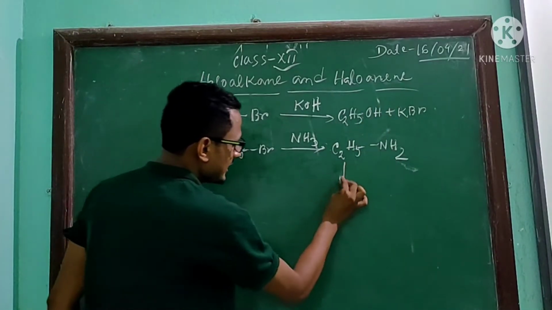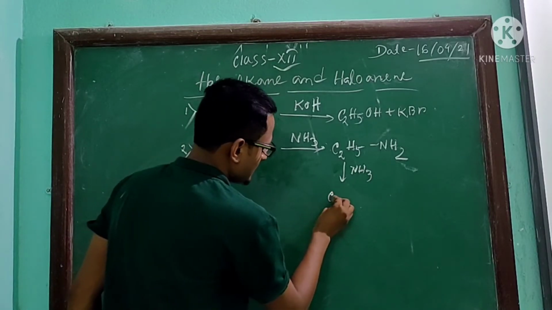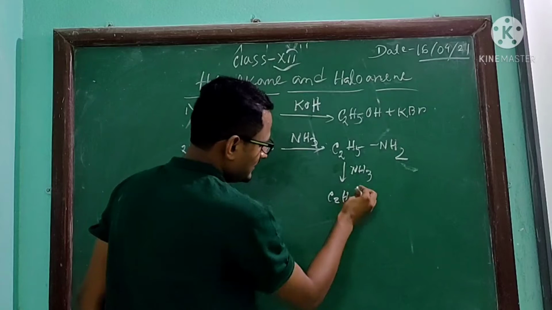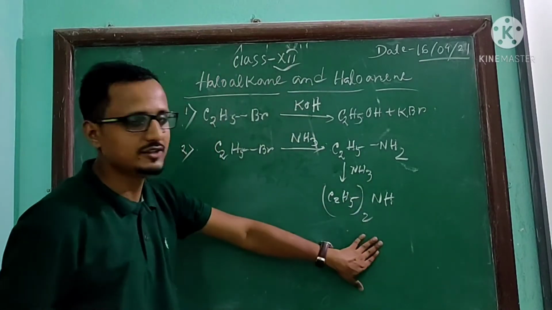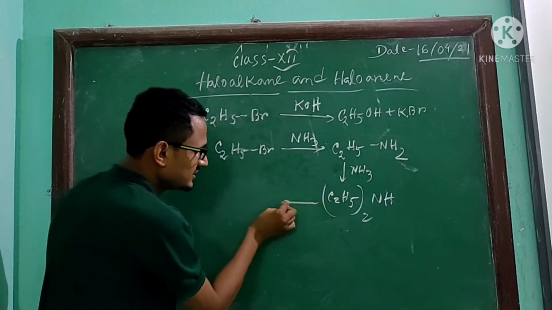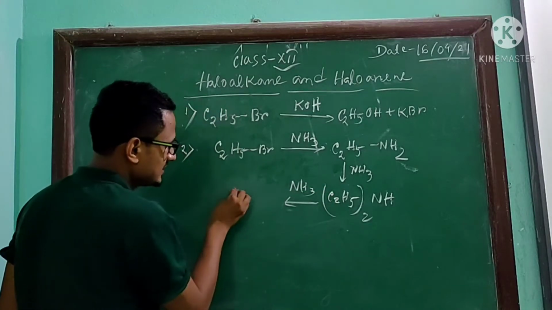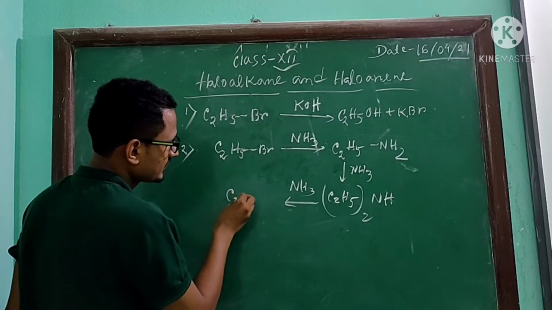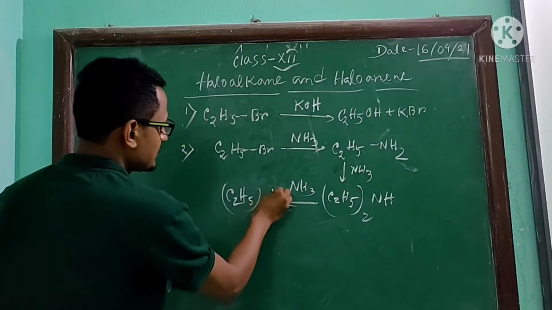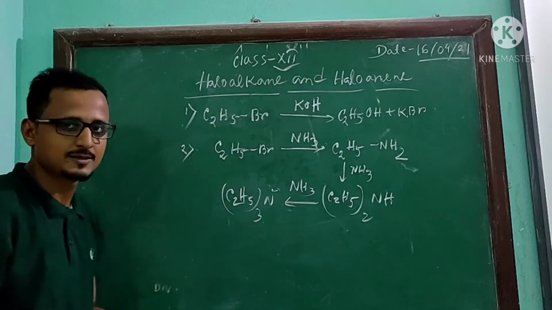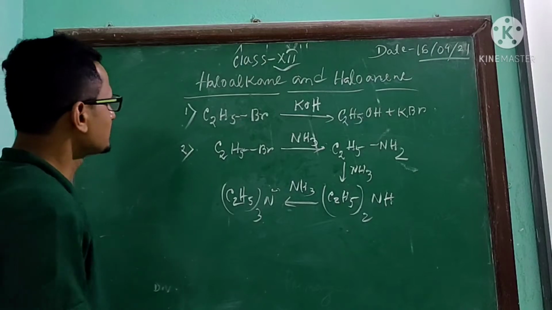Again, if you add ammonia here, another hydrogen will be replaced, so you will get (C2H5)2NH, the corresponding secondary amine, diethylamine. And again if you add C2H5Br, then you will get (C2H5)3N. So these are the reactions with their products. This is also important. I hope you have already understood this one.